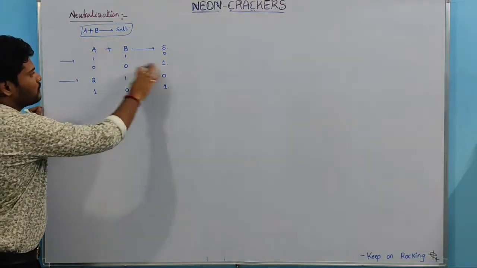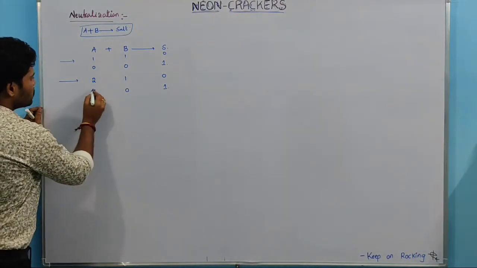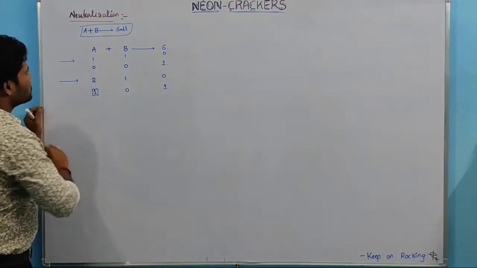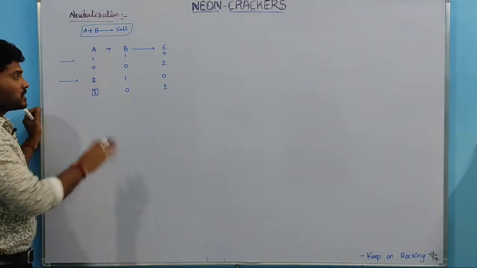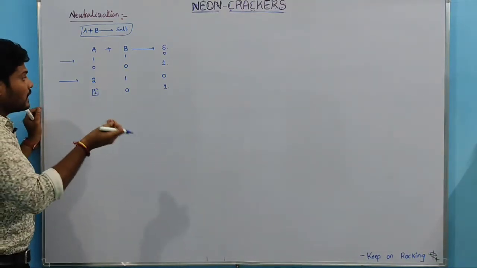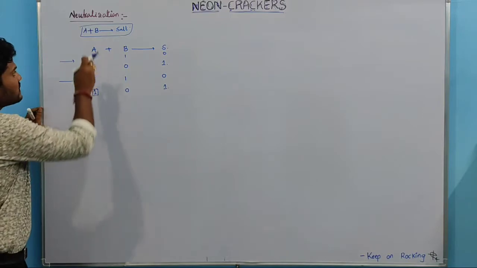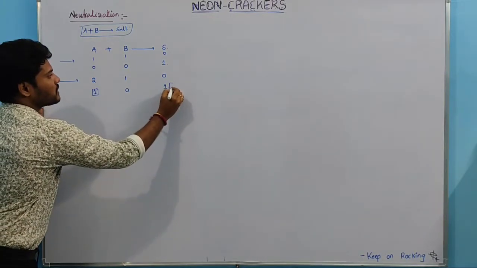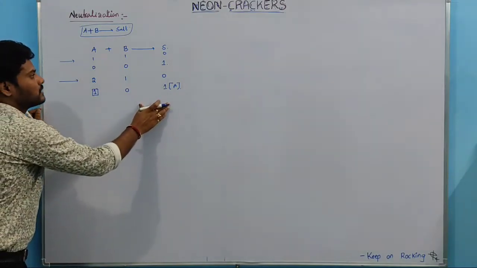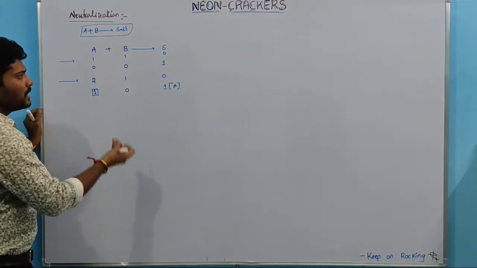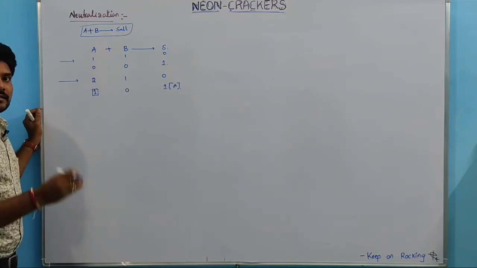After neutralization we have excess H plus ions or acid, so the mixture is acidic in nature. It is not called complete neutralization. Excess H plus ions are present, so the mixture has acidic nature. If you want to find the pH, it should be less than 7.